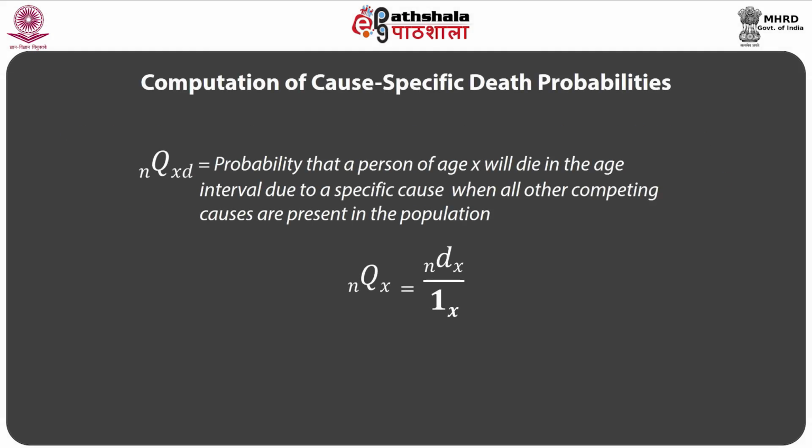nqxd is the probability that a person of age x will die in the age interval x plus n due to a specific cause where all other competing causes are present in the population.